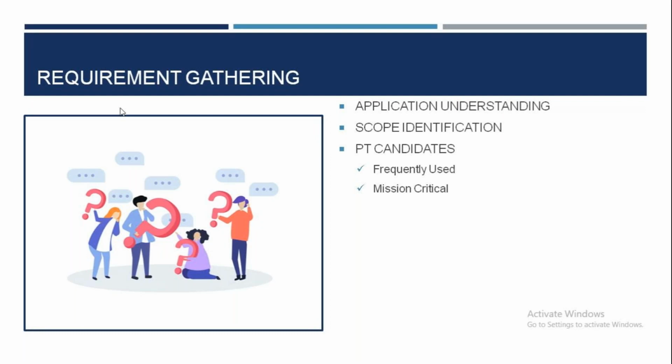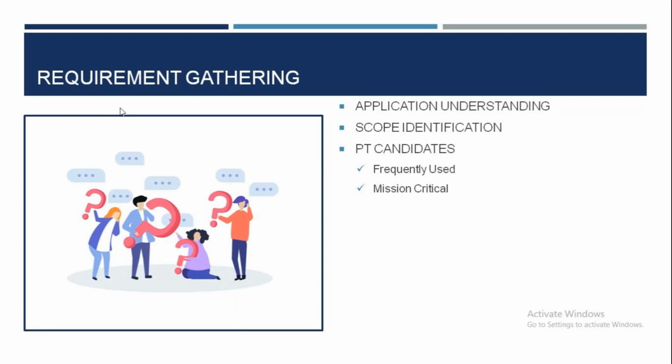Now what frequently used means, you all would have used so many different web applications. I'm not asking about working in a project. Even in our real life, we use so many different applications, right? May it be on mobile, may it be on web browser.